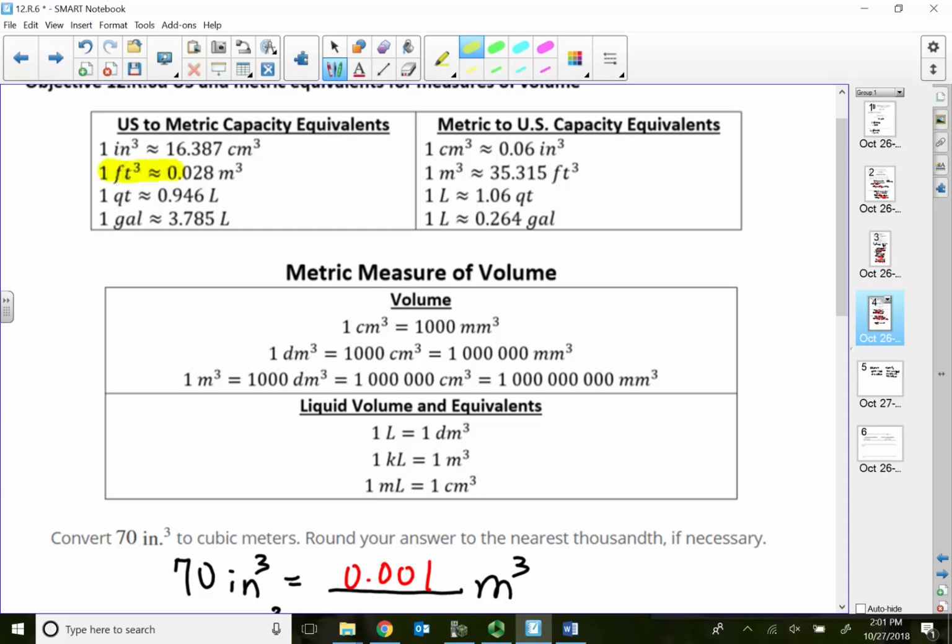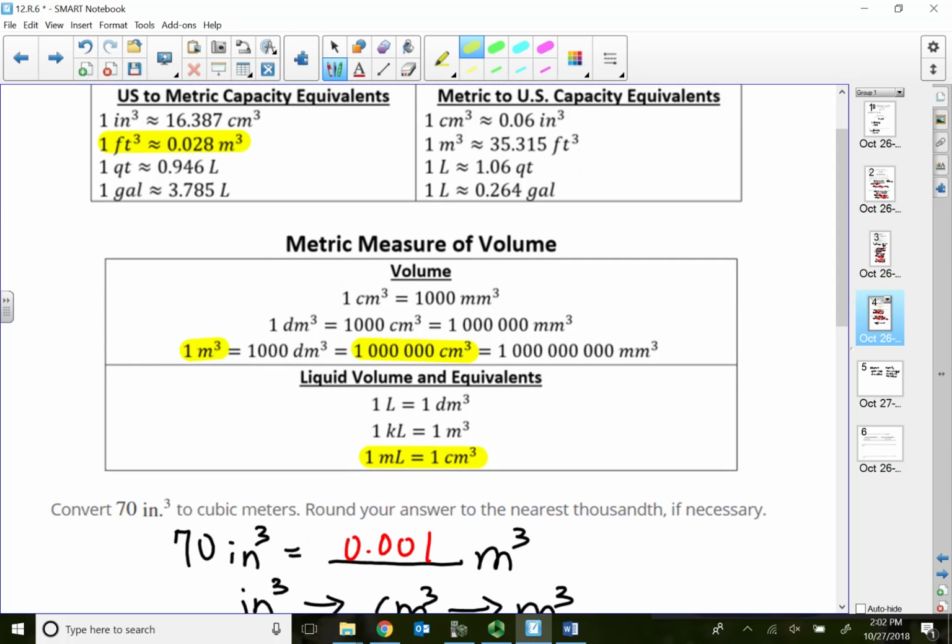Once I'm at cubic meter, how do I convert cubic meter to milliliters? Well, here I got 1 milliliter is 1 cubic centimeter, so that's a 1-to-1 ratio. That means I need to take my cubic meter and convert it to cubic centimeter, which is a 1 to million ratio.